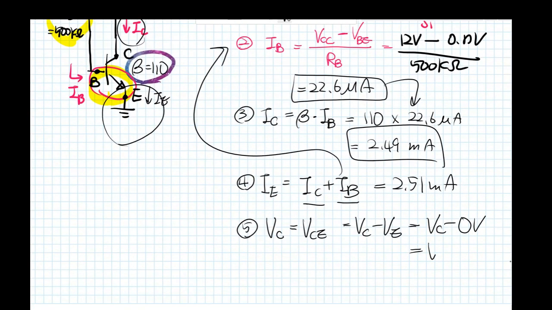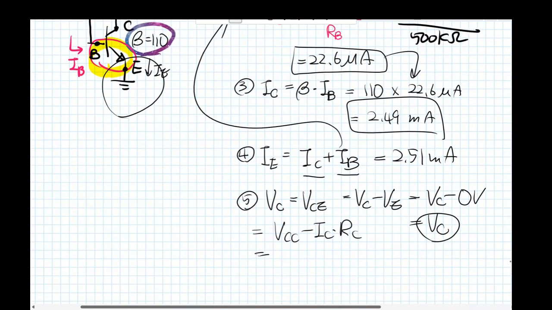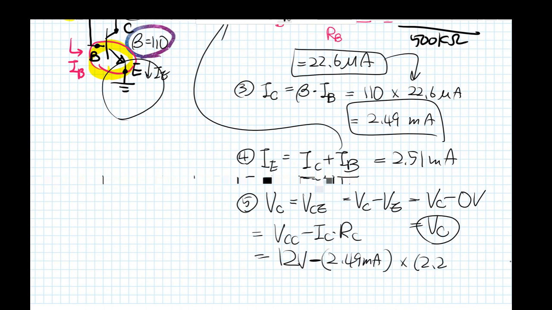So that is for V sub C. So V sub CE, we learned before, is V sub CC minus I sub C times the R sub C. So V sub CC is the 12 volt minus the 2.49 milliamp multiplied by 2.2 kilo ohm here. Okay.